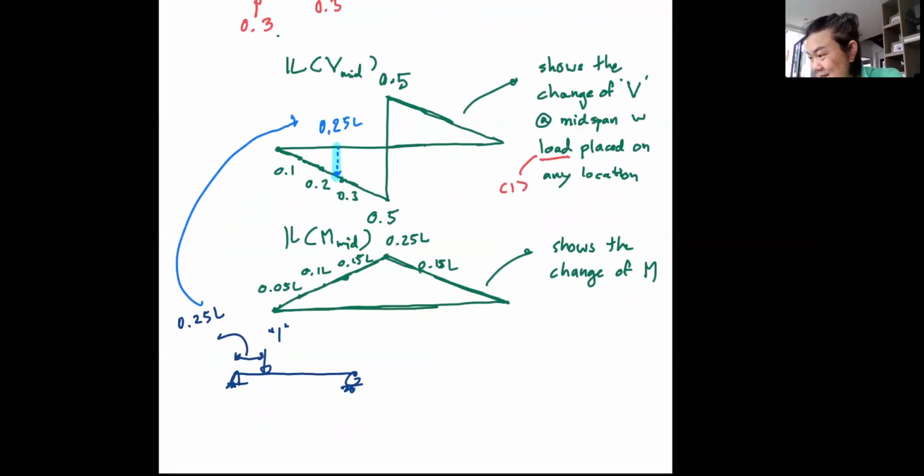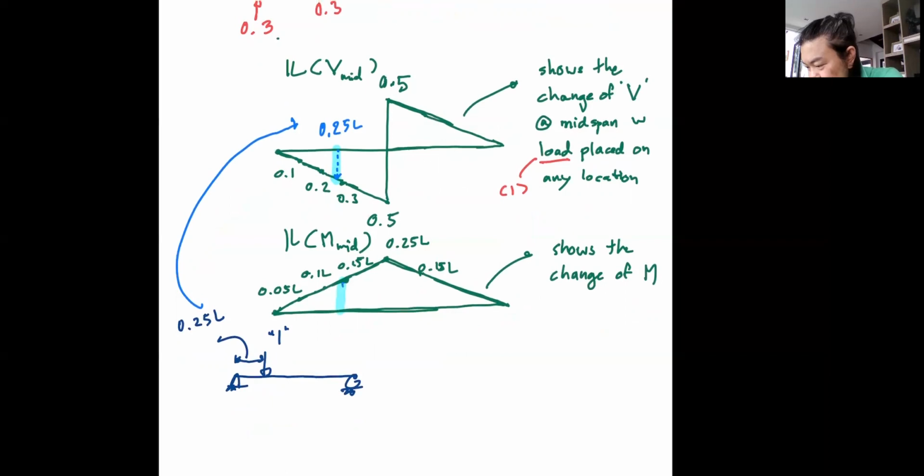I can just come to this influence line and say, okay, here at 0.25, and I can read the graph. At 0.25 L, it's half of 0.25, right?